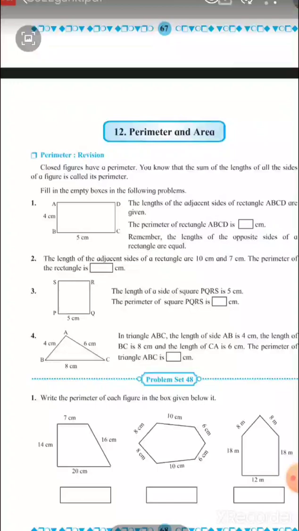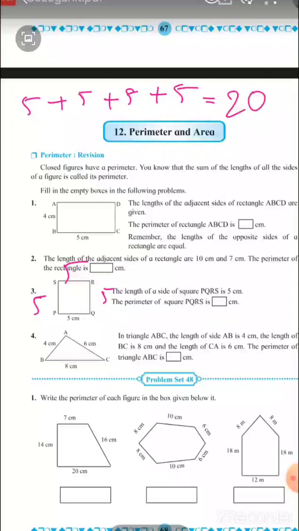If one side is 5 centimeter, then this will be 5, this will be 5, and this will also be 5. To find the perimeter, we will add all the sides. 5 plus 5 plus 5 plus 5 is equal to 5 plus 5, 10, 10 plus 5, 15, 15 plus 5, 20. So the perimeter of the square is 20 centimeter.